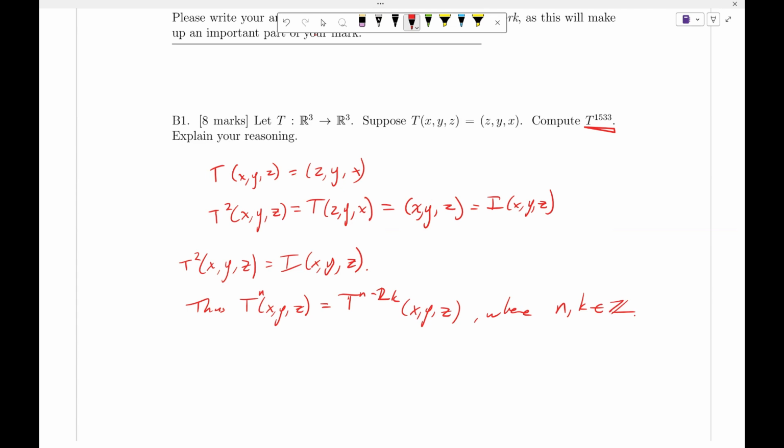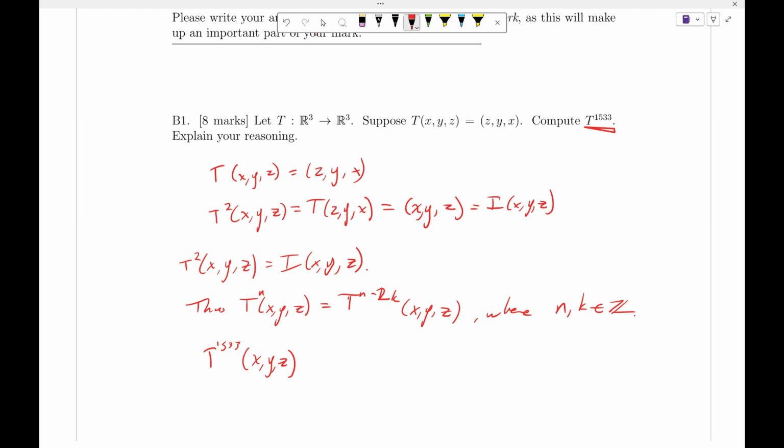So I can keep subtracting off 2k's from this massive number. So T to the 1533 of x, y, z. As long as the other expression is odd, it will be the same.